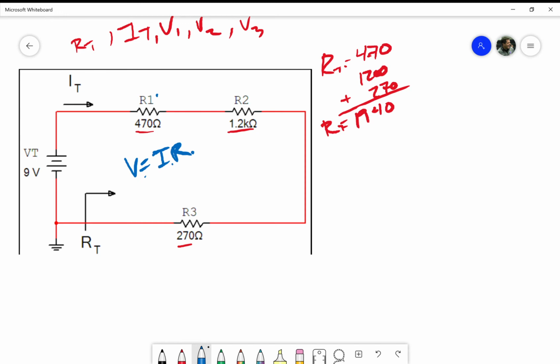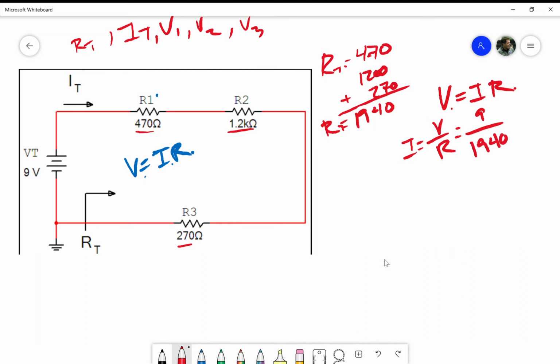So my I total, we're going to use Ohm's law, V equals IR in terms of totals. So my total voltage is 9 volts. My total resistance we just figured out, we just need the total current. So V divided by R will be my I. I have 9 volts divided by my resistance, 1940.